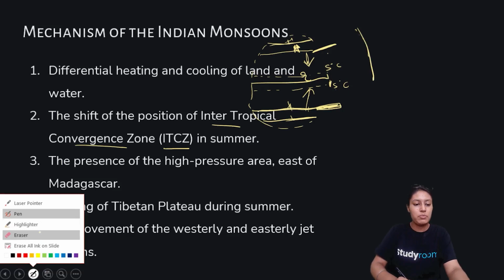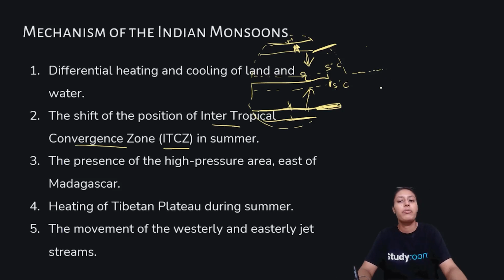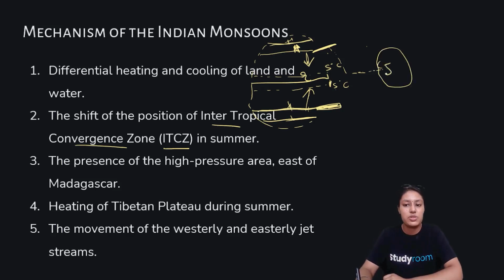Let me draw it more neatly for you all. Okay, so winds are now coming, not like a straight line. They're coming more like a converging path, and at 5 degrees they start to escalate towards the jet stream. Okay, so here is our jet stream. Now in this case the winds are coming not directly like a line, but with a little convergence.